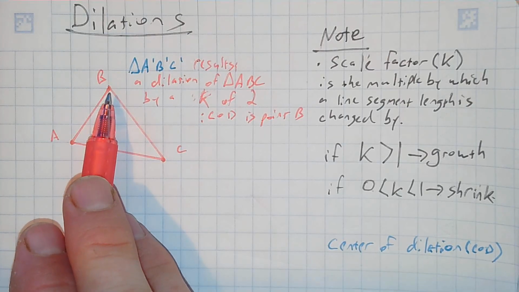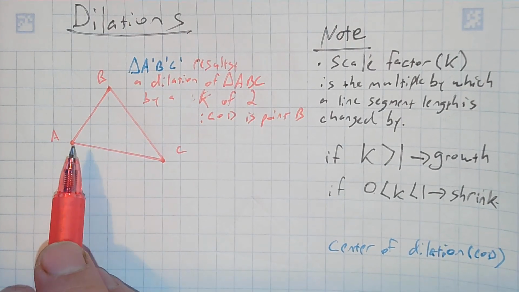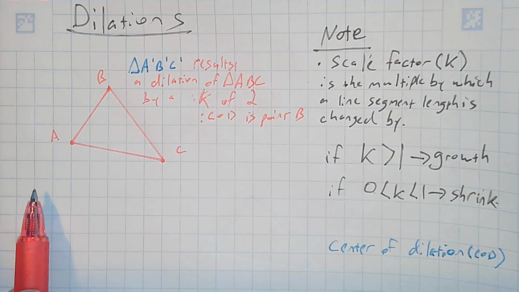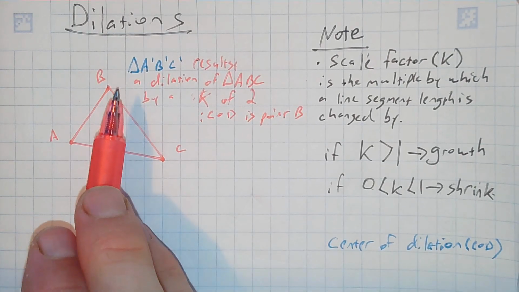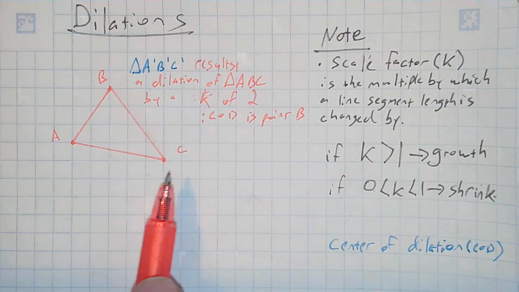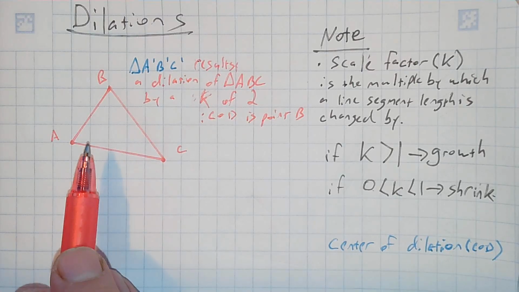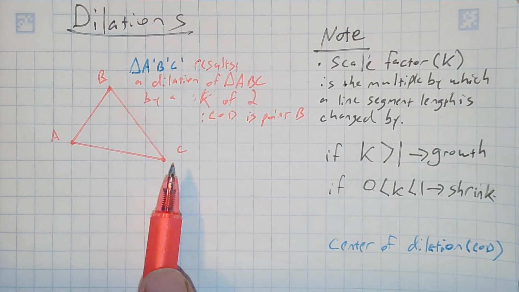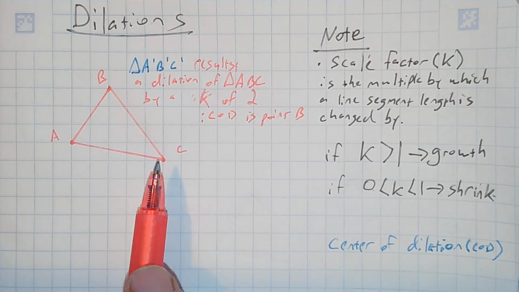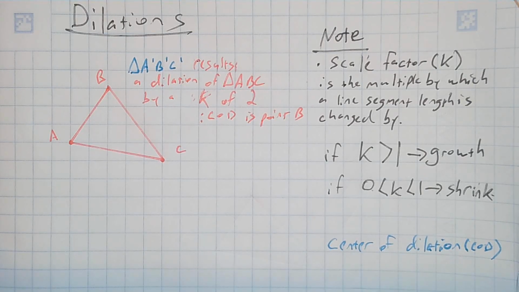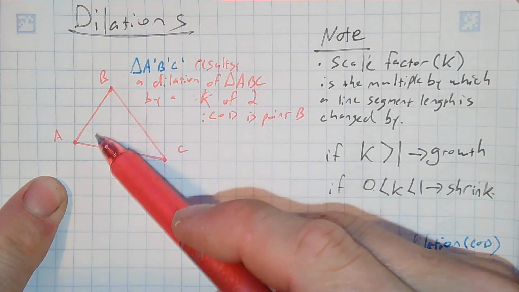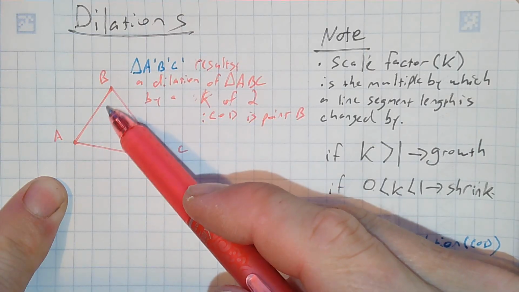That means that this line is going to grow by a factor of 2. This line is going to grow by a factor of 2. And since those angles are going to stay the same, this line will consequently grow by a factor of 2. In order to grow this, it isn't just a straight up and down line, or just a left and right line.